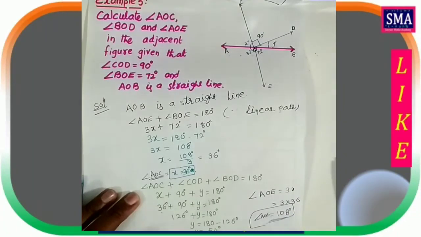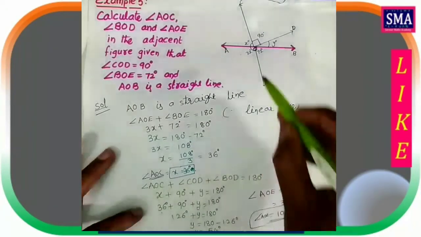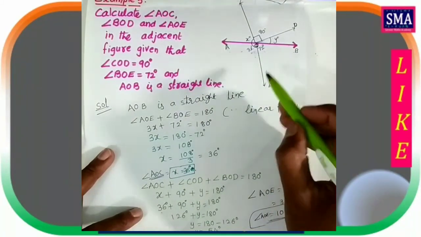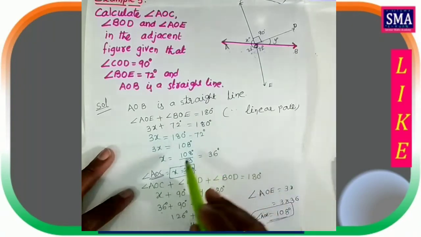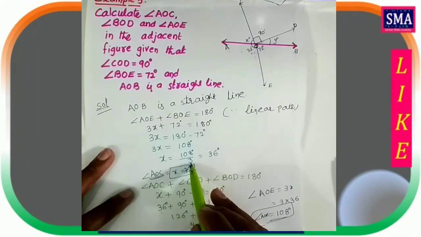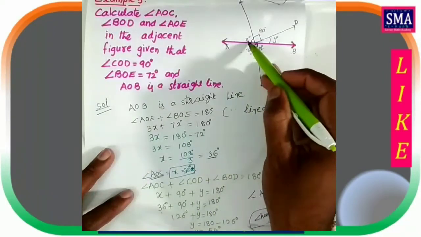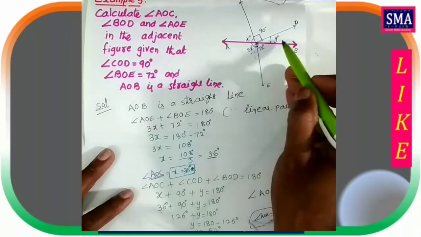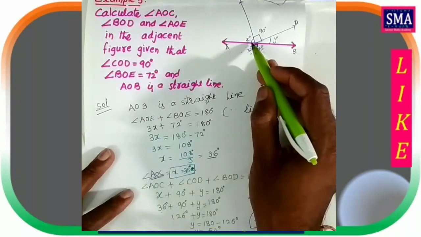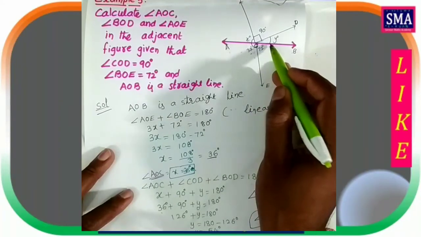Okay students, in this data, first of all, the below two angles, 3x and 72, are a linear pair, so their sum is equal to 180 degrees. Then x is equal to 108 degrees divided by 3, which is 36 degrees. Now the above angles: observe the figure, x plus 90 plus y equals 180 degrees because the sum of all angles at a point on a line equals 180 degrees.